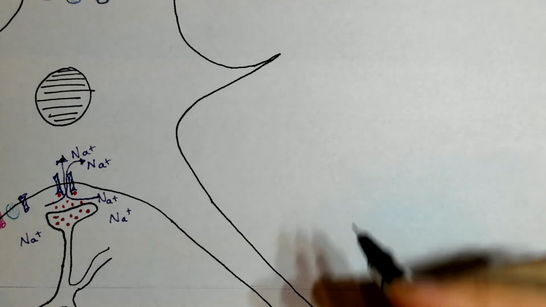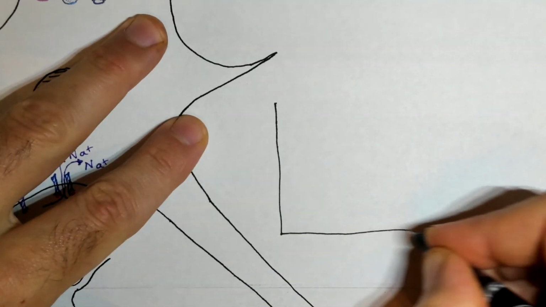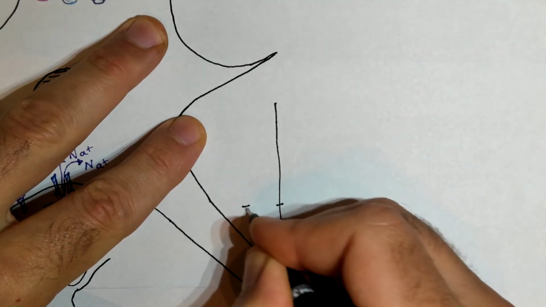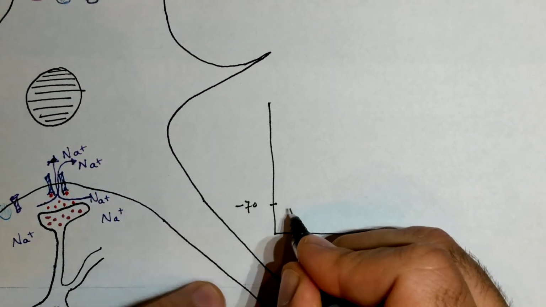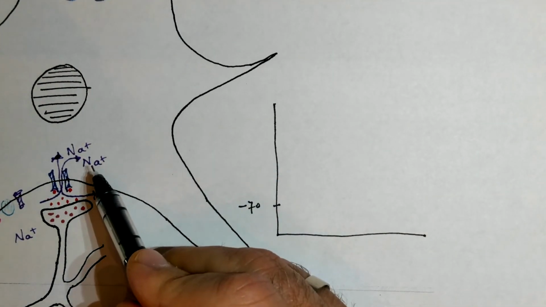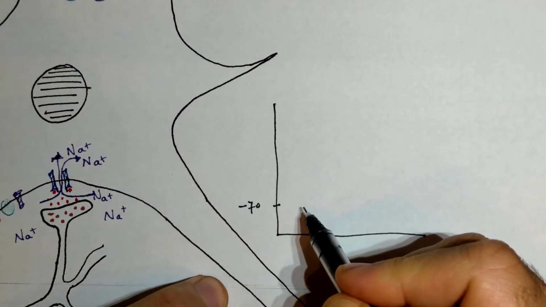So don't forget, we have a resting membrane potential of minus 70 millivolts, right? But now all that positive sodium comes in, and remember this negative 70 is the inside of the cell, right?